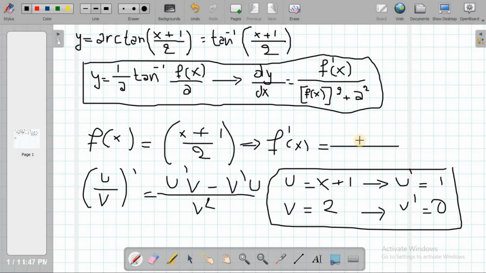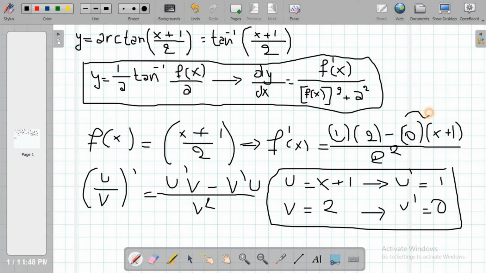So now we're going to have u prime, which is 1, times v, which is 2, minus v prime, which is 0, times u, which is x plus 1, over v squared, which is 2 squared, giving us 4.